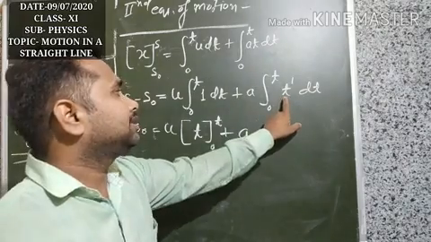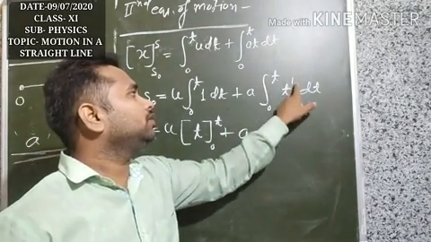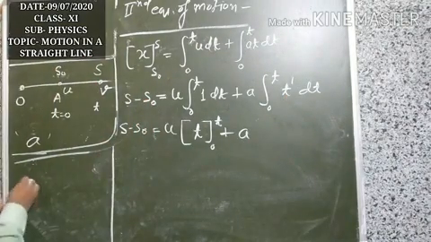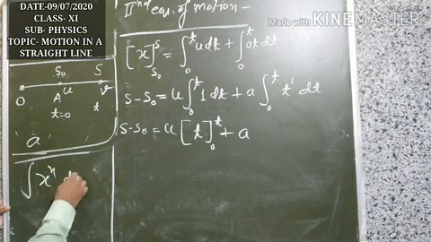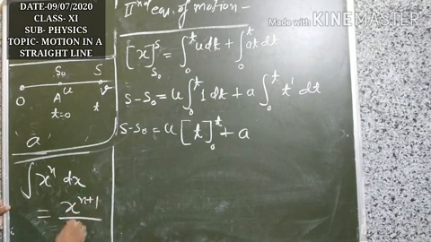Now this is t to the power 1, we have to integrate t to the power 1 or t with respect to t, and we have the formula integration of x to the power n with respect to x is equal to x power n plus 1 upon n plus 1.